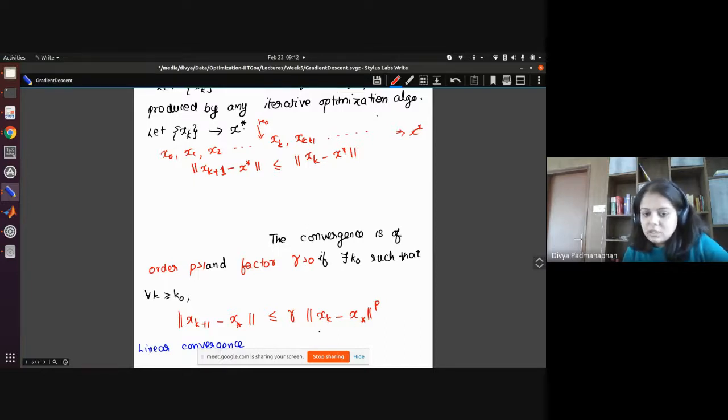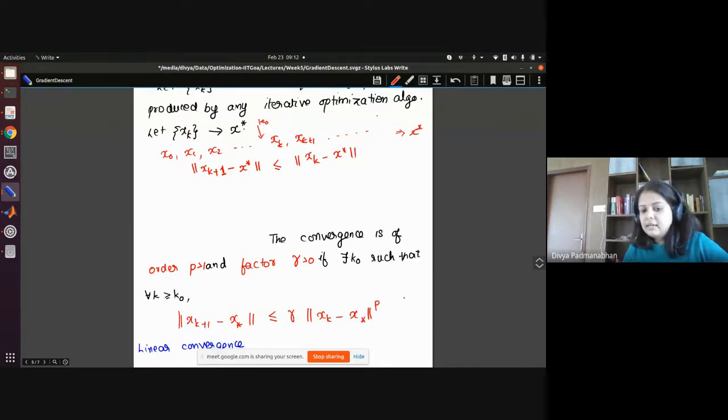But this is something stronger if you have some larger values of p, and maybe something smaller than 1 for the coefficient. Here this coefficient was 1. If you had some smaller value here, then that is something more desirable.